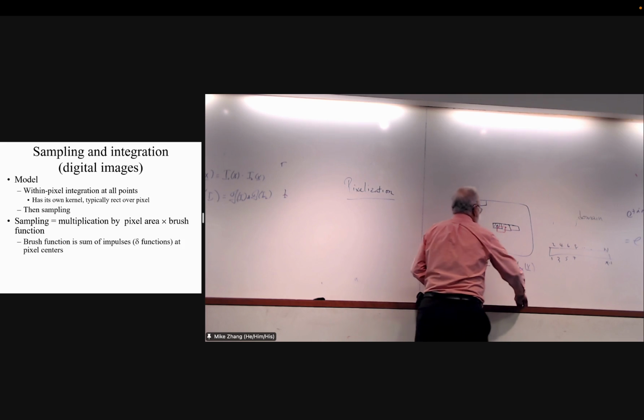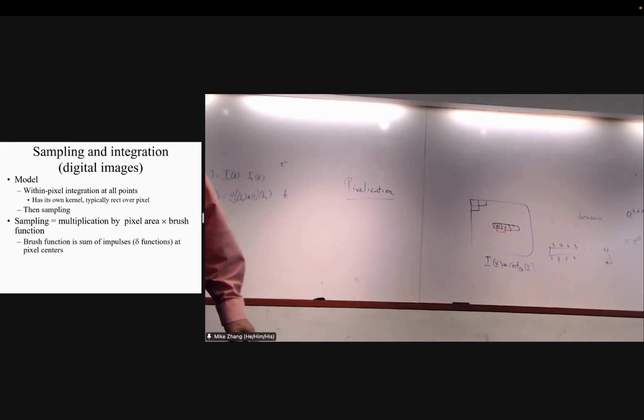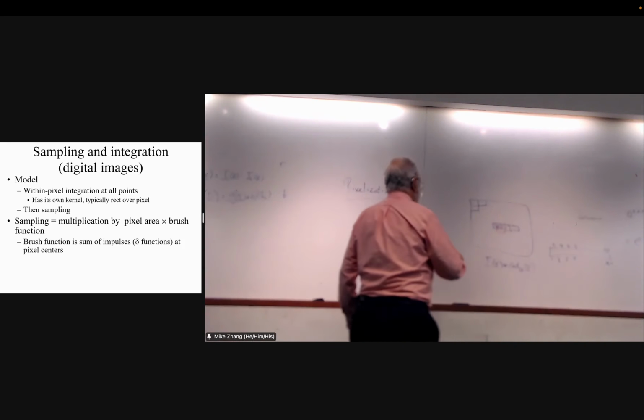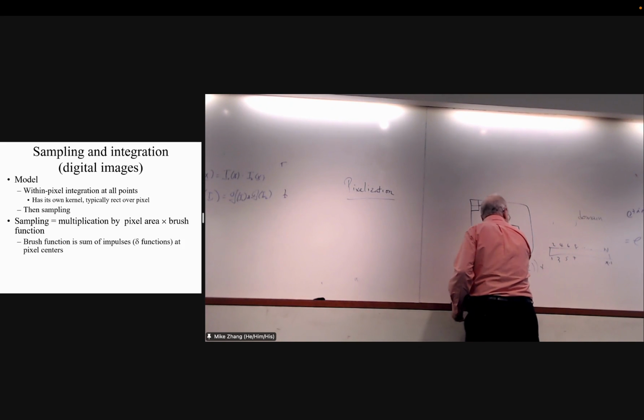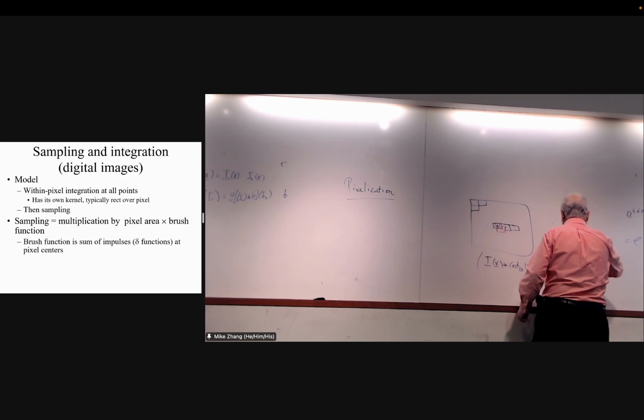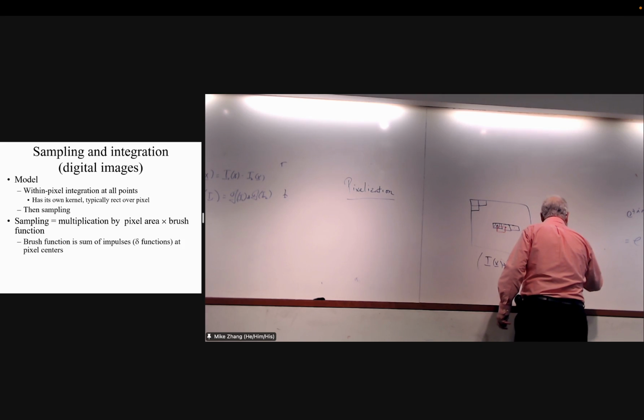But you'd only want one of those, and so we're going to pick out the center values. And that's going to be accomplished by multiplying by a comb function, which is 0 everywhere.